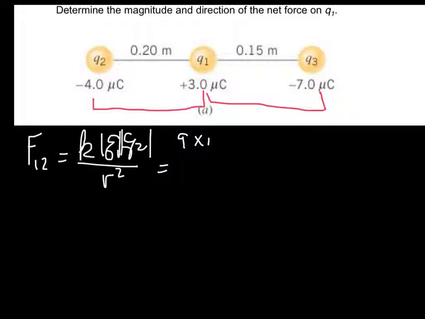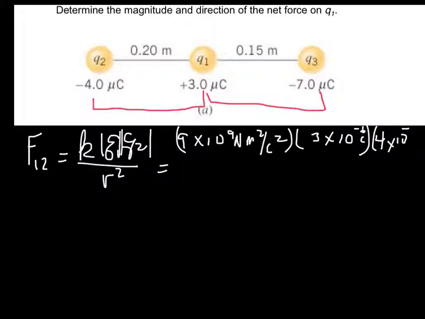9 times 10 to the 9th newton meters squared per coulomb squared, times 3 times 10 to the minus 6 coulombs, times 4 times 10 to the minus 6, and all that over the square of the distance.